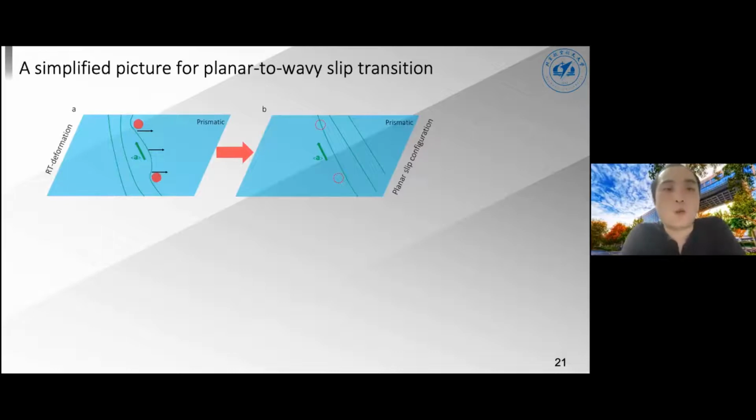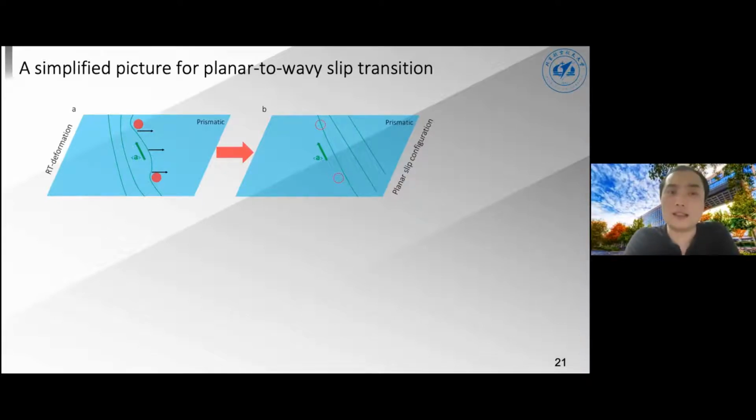Now, why can an electrical pulse trigger this planar to wavy slip transition? So if you think about how the planar slip is developed, if you have a short-range order on a particular slip plane, the passage of a couple of dislocations will destroy that short-range order domain.